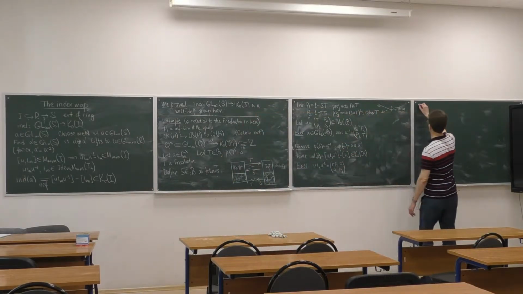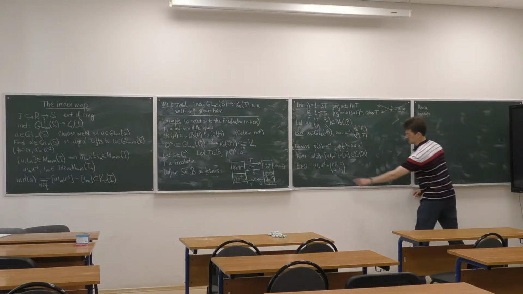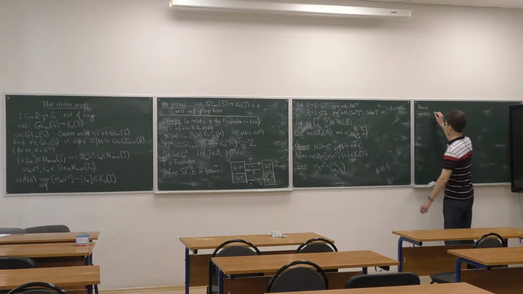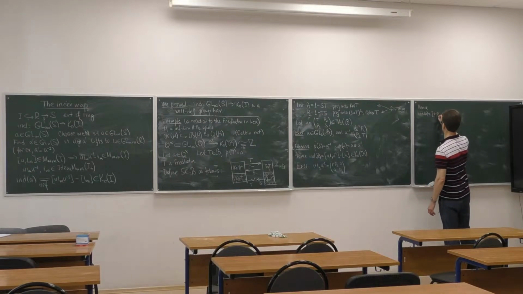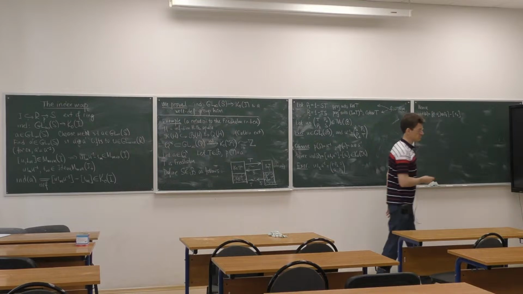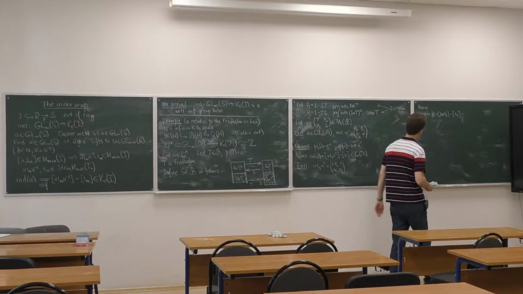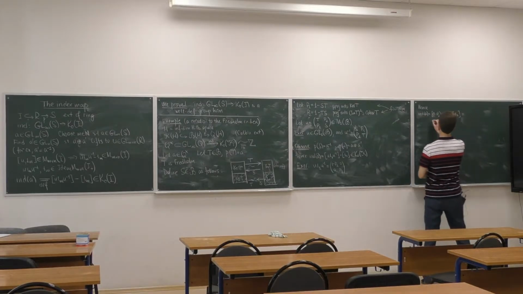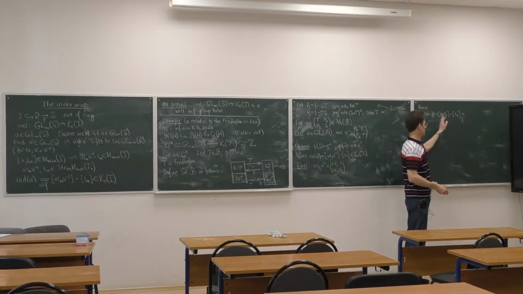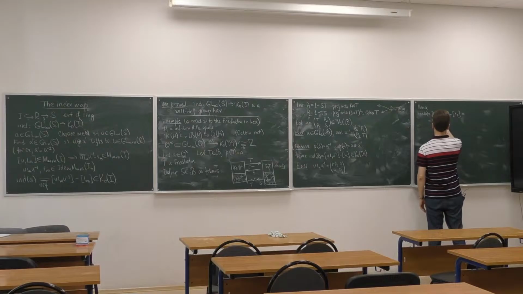And so the index of A is, so this is the block diagonal matrix, 1 minus P2 plus P1 minus the identity operator, which is interpreted as a 2 by 2 matrix. So what is this? Well, the K-theory class of the block diagonal matrix is just the sum of the respective classes, 1 minus P2 plus P1.